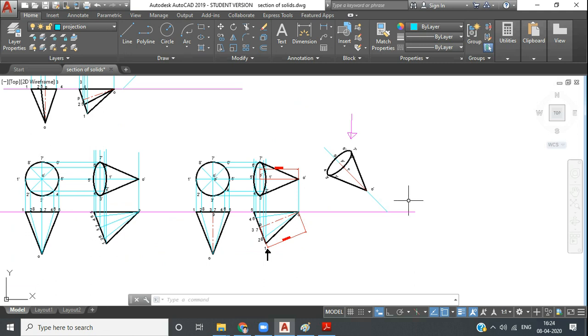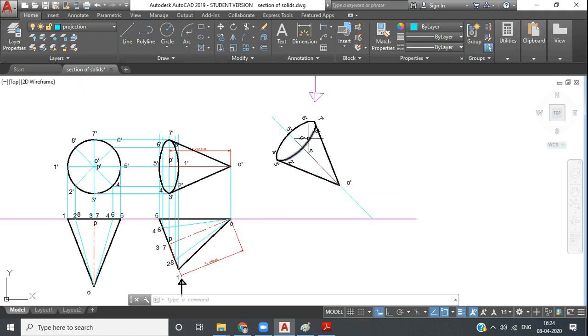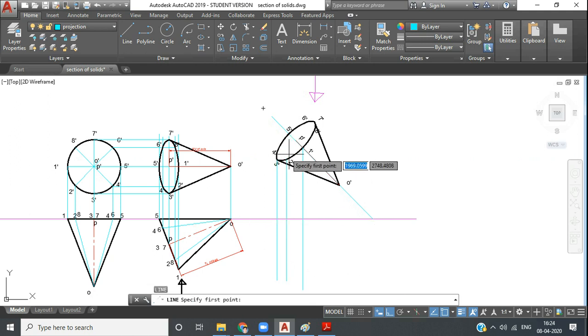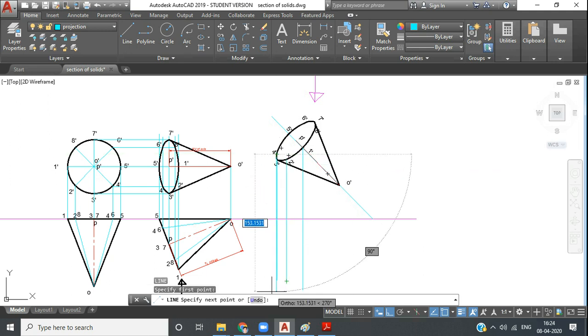Now project these points down. Ortho mode should be on. I will go number-wise so it will be easy. This is 1, then 2; 2 is the intersection of the curves. Then 3, then 4; 4 and 3 are very close to each other.